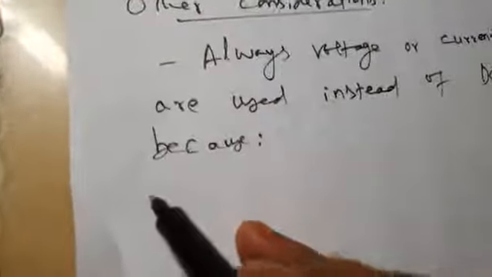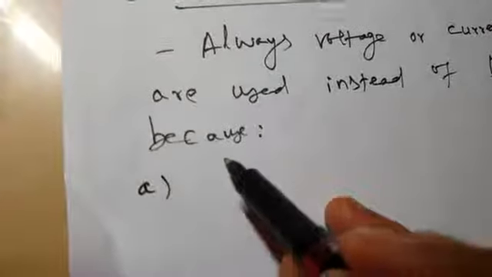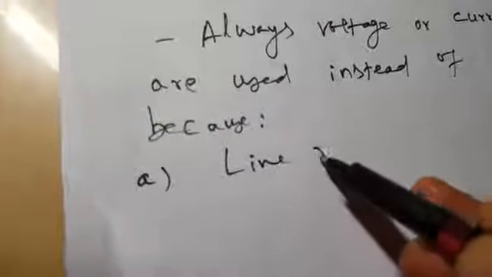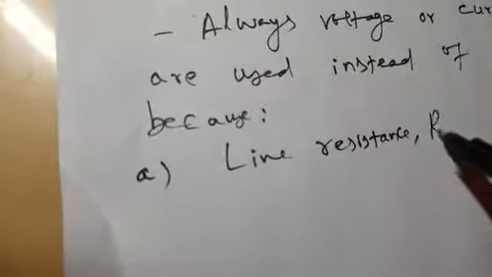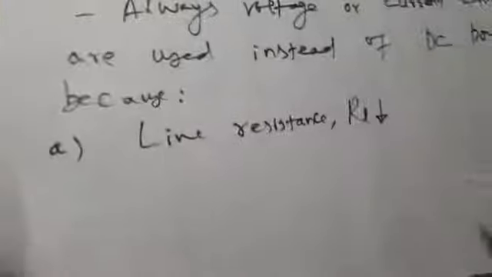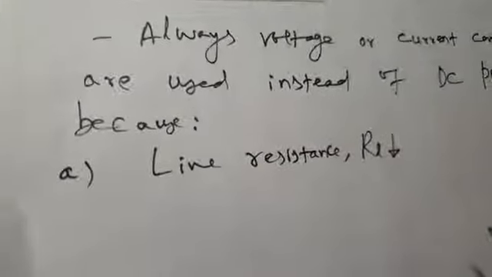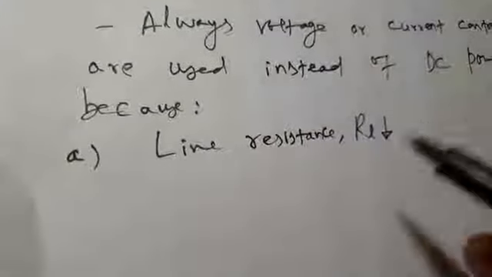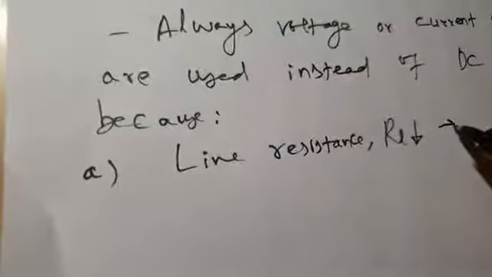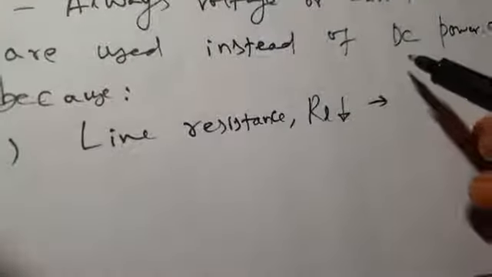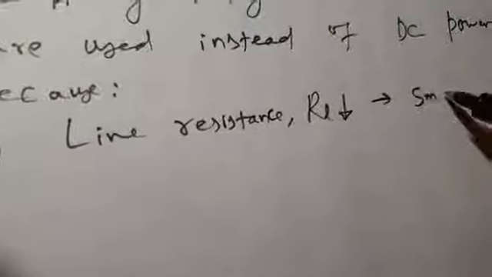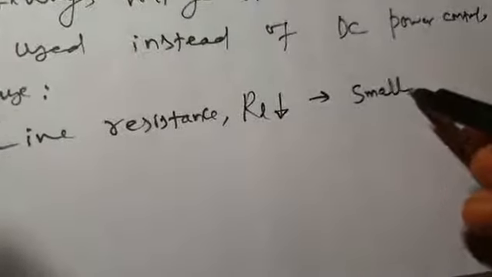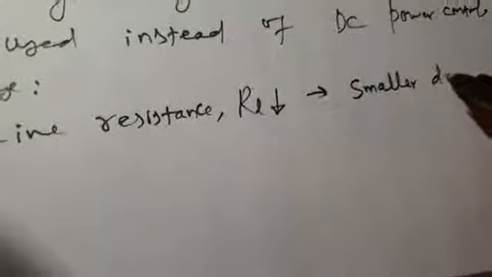the following reasons. Number one, the transmission line resistance is very, very small. The transmission line resistance RL may be 0.1 ohm, 0.2 ohm, something like that, very small. So therefore, this results in a small damping factor.